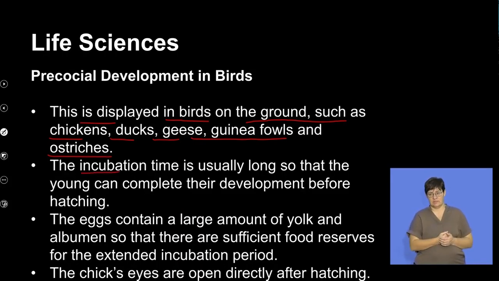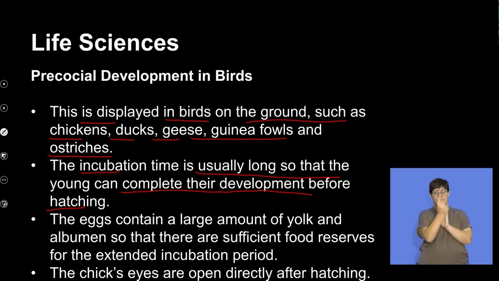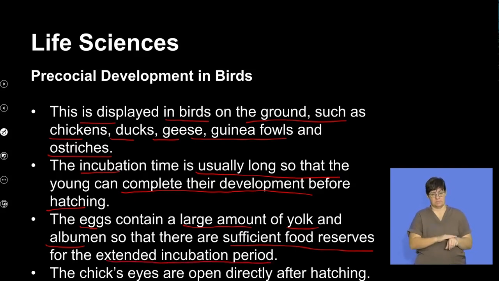The incubation time is usually long so that the young can develop completely before being hatched. These eggs have to contain large amounts of yolk and albumin, which is a suitable and sufficient food reserve for an extended incubation period. Once they hatch, the chicks' eyes are often open directly after hatching.